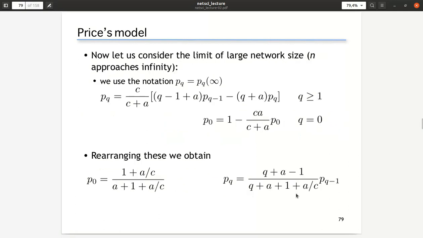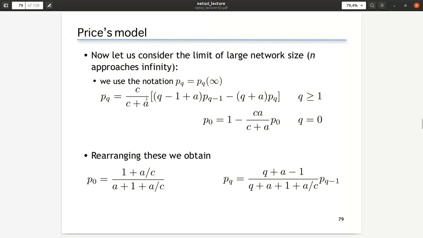So now we can consider the case when n tends to infinity. So the network grows to infinity. Then it turns out that the formulas, the special case when q is equal to 0 and when q is larger than or equal to 1, get the form of these two equations here.